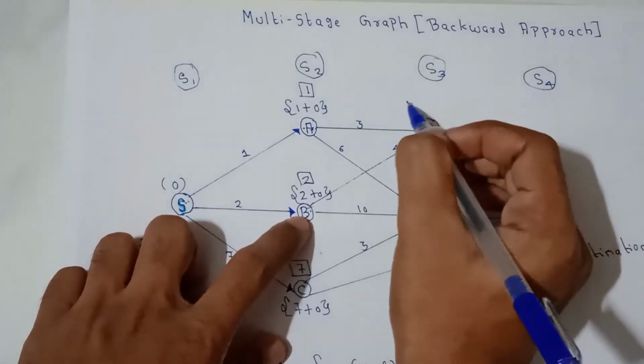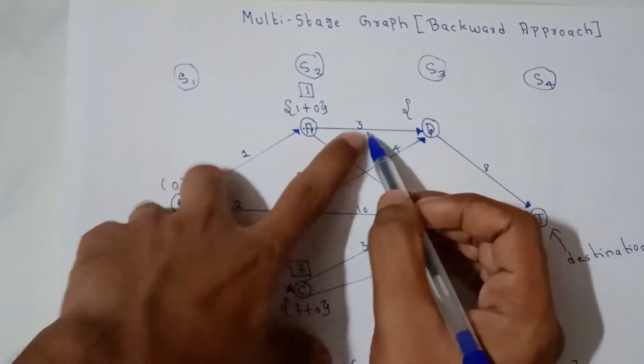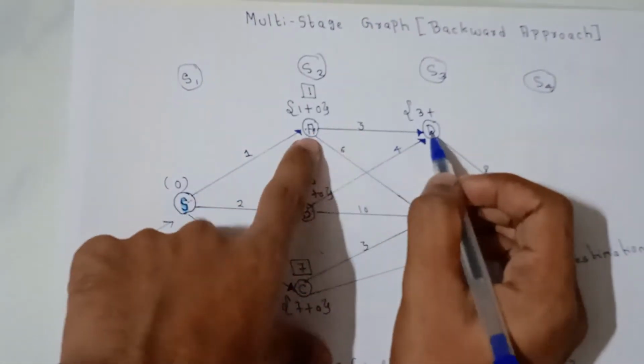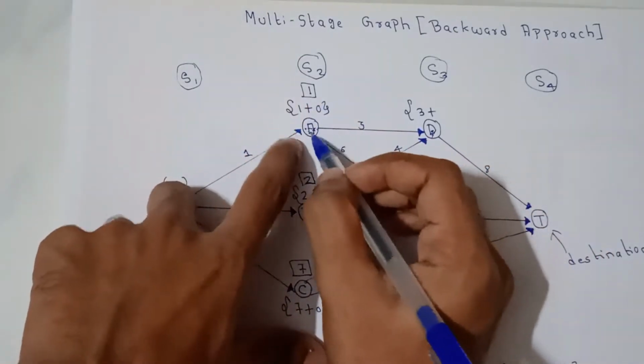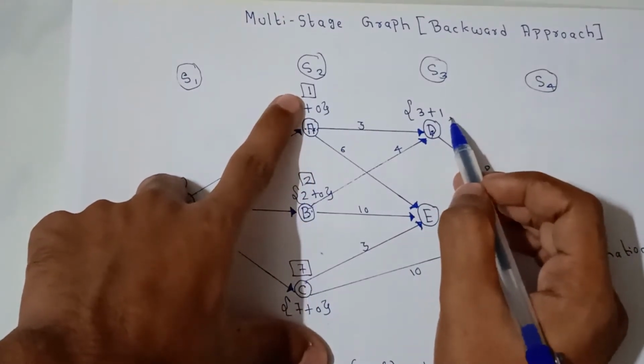From A to D, we have this path, so the cost will be the edge cost, that is 3, plus the cost of node A, that is 1. 3 plus 1, right? Then we will write a comma.